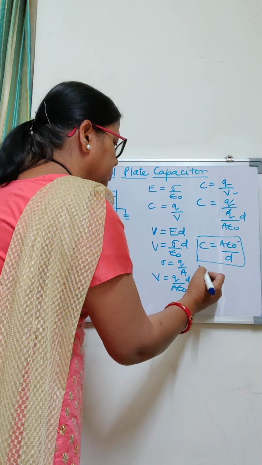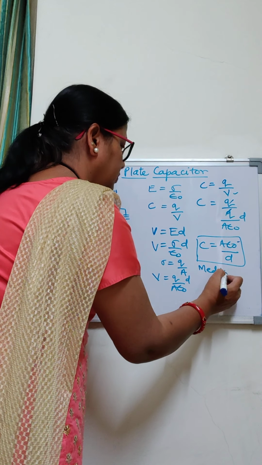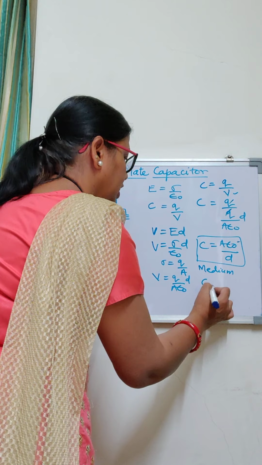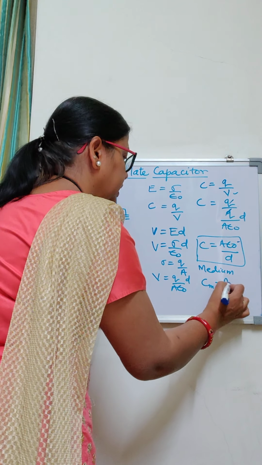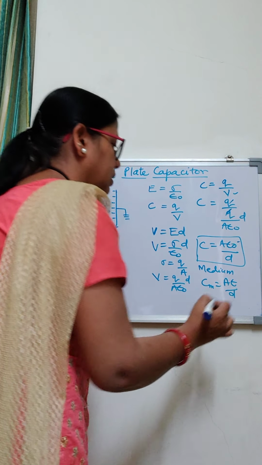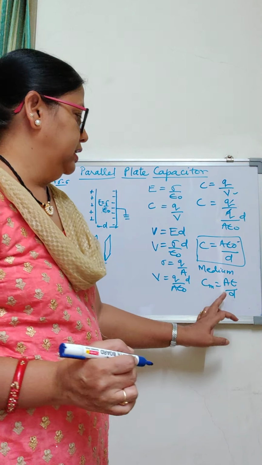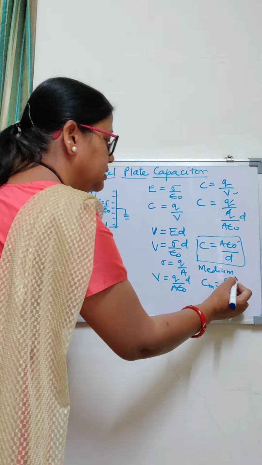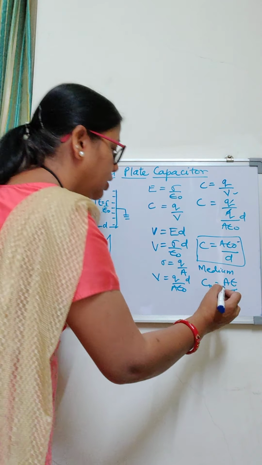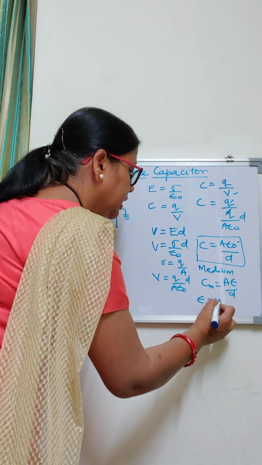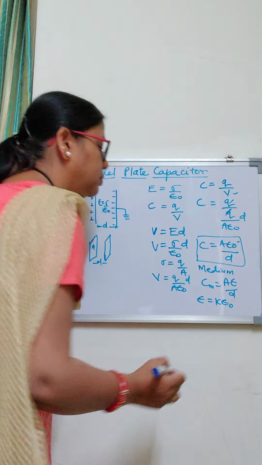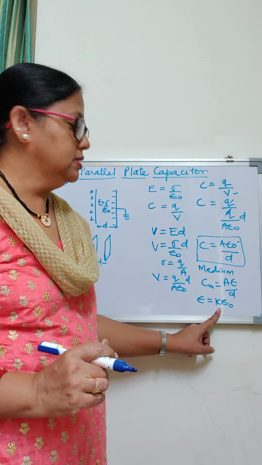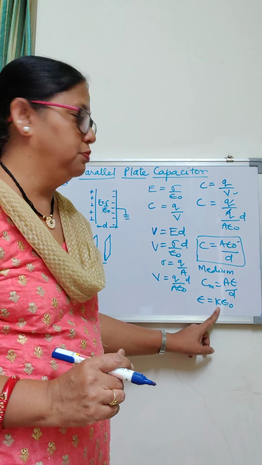If I take a medium, then in place of epsilon naught, our formula for the medium will be A epsilon upon d. In the case of a medium, this epsilon is called the permittivity of the medium. What is this epsilon? Epsilon is equal to K times epsilon naught, where K is the dielectric constant of the medium.